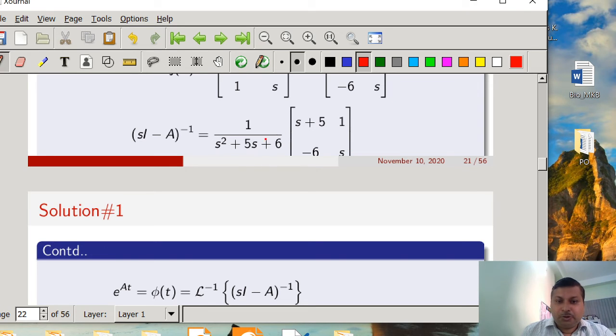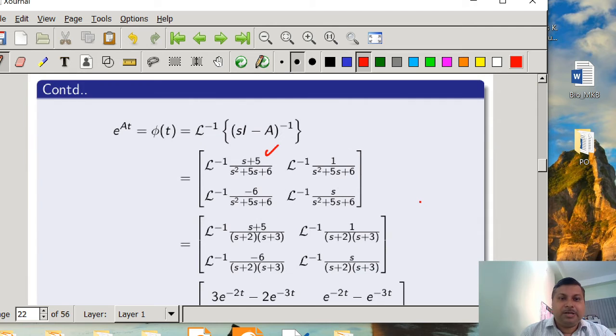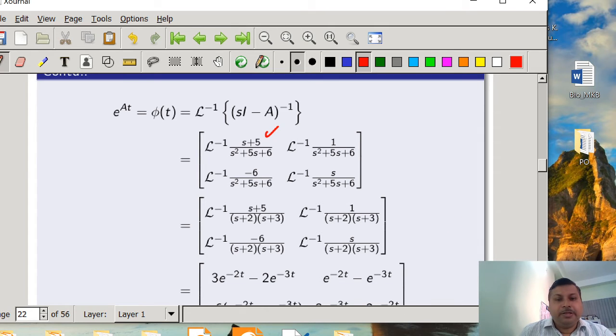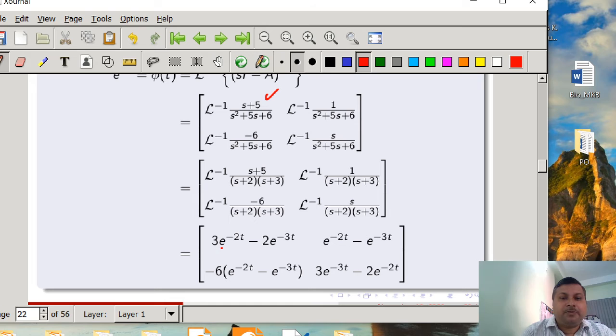Okay, so individually we have to calculate the Laplace inverse, and for that we have to compute the partial fraction expansion, and once you have the partial fraction expansion, then you can compute e to the power At. Okay, in this way, this will be the expression of e to the power At.